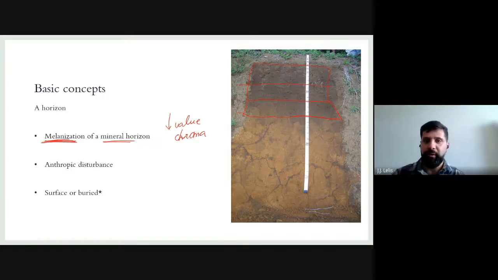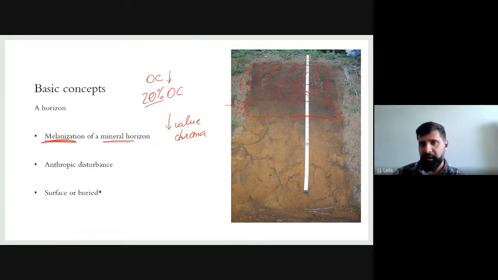These two horizons, and at least this one, are mineral horizons. So the content of organic carbon is low, at least lower than 20% organic carbon, okay? But the material is dark. So you can see a dark horizon here.